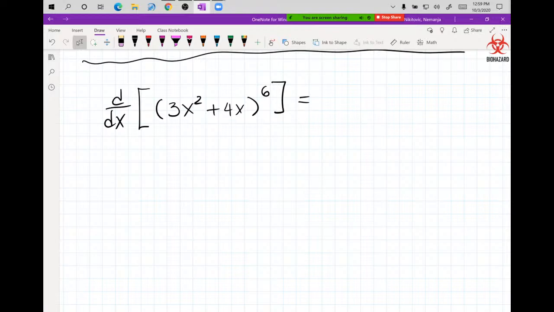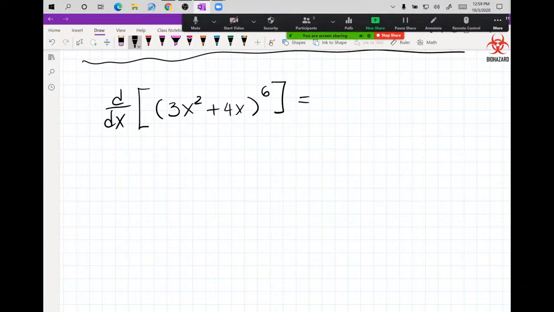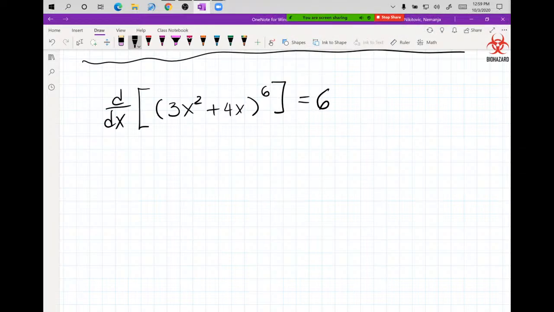I just need the first step. Simplification we're going to practice later with factoring and all of that stuff. I just need that first step to make sure that you guys are actually understanding what goes where. So you mean like the f prime of g times g prime step? Yes, that one. I have 6 times the quantity 3x squared plus 4x, all of that to the fifth, times 6x. Excellent. That's it.